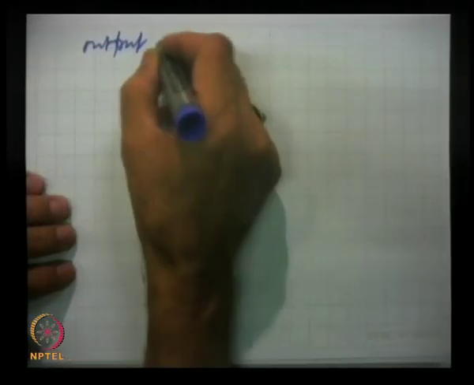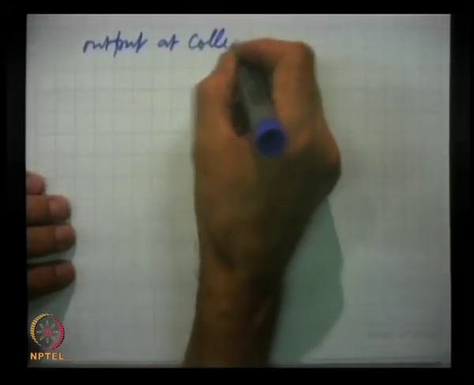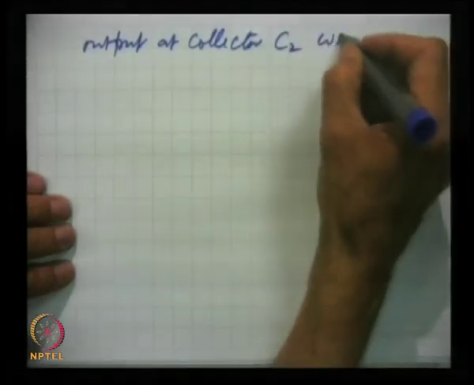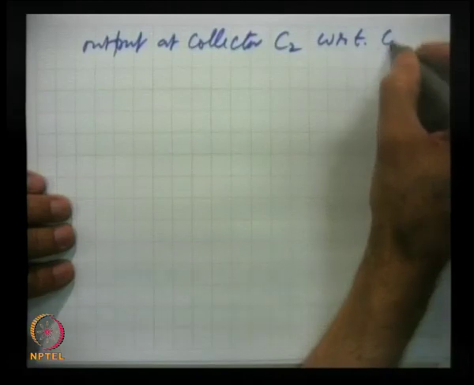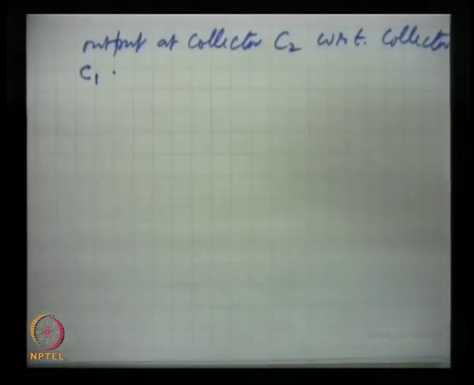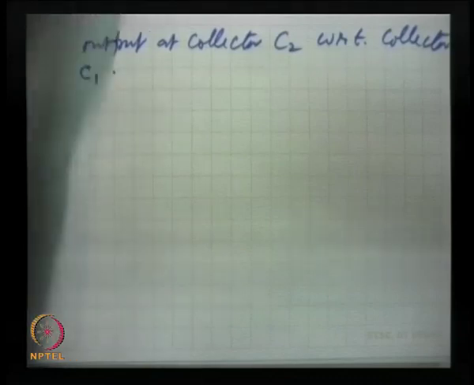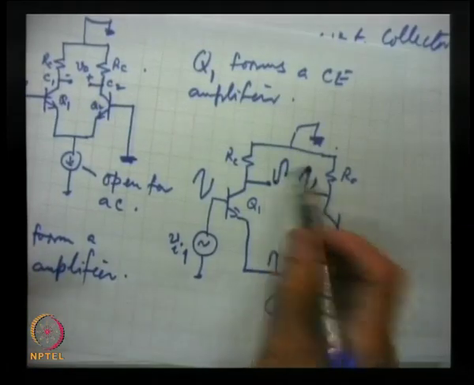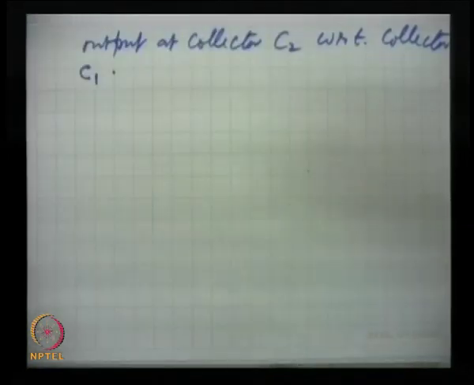Output at collector C2 with respect to collector C1. This is very important. That is why I said that at the instant when this output was maximum, when we measure with respect to this point, these two will be added.